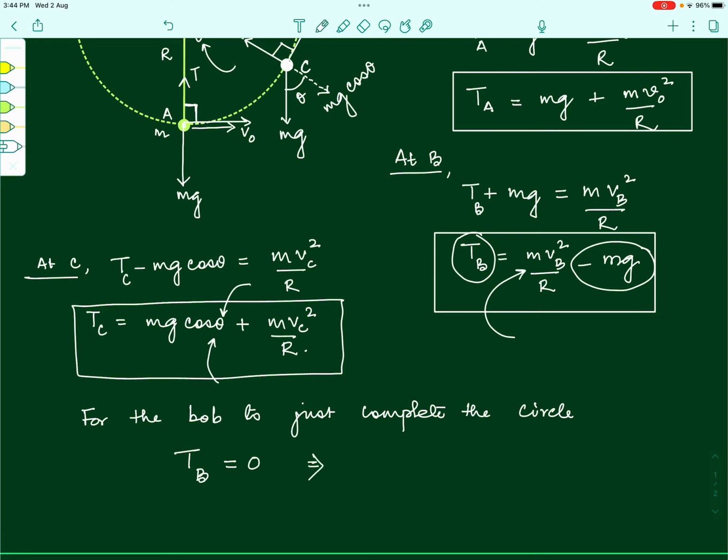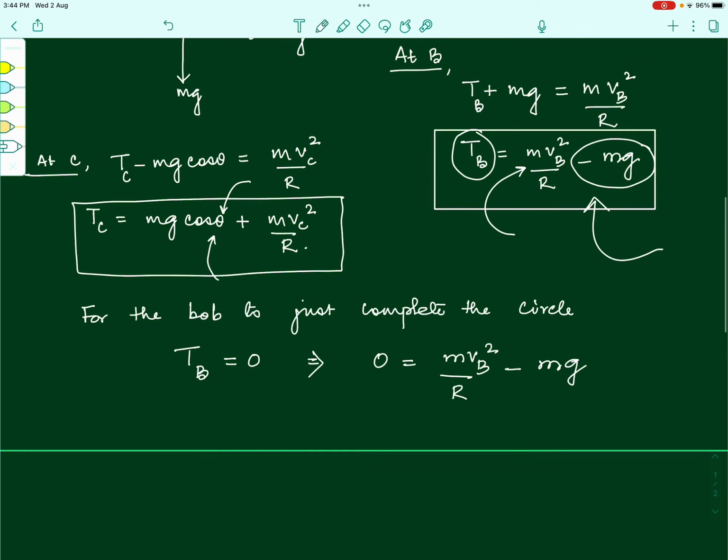From the equation that we have written for the point B, we get 0 is equal to mvb squared by r minus mg, and that gives us the value of vb, the velocity at the point B. From here we can write m into vb squared by r is equal to mg, m cancels out, and we get vb is equal to root of gr.